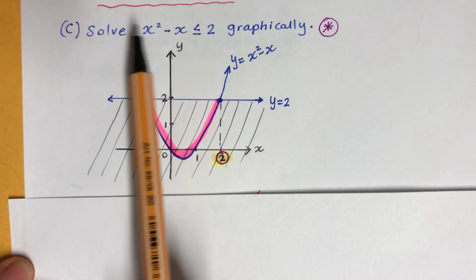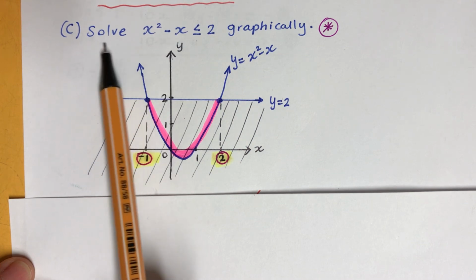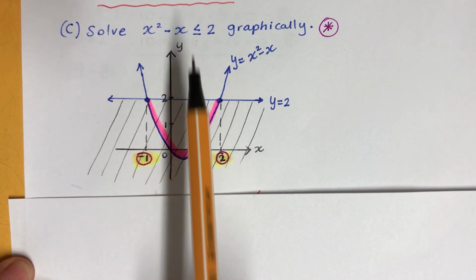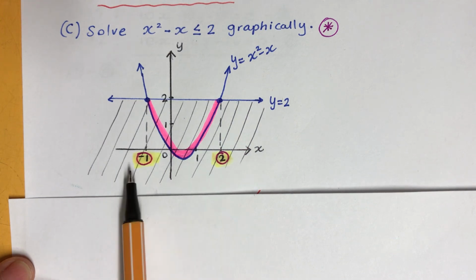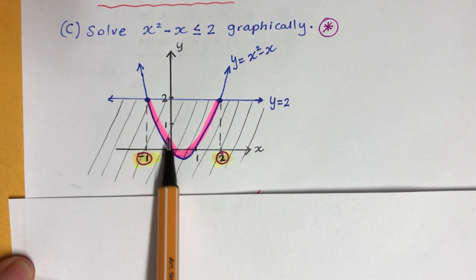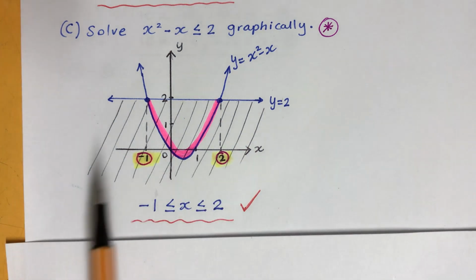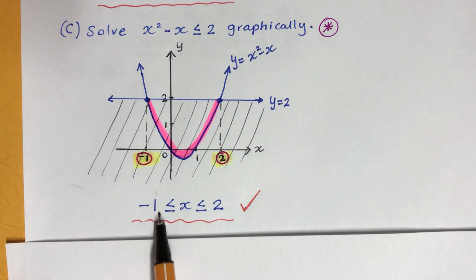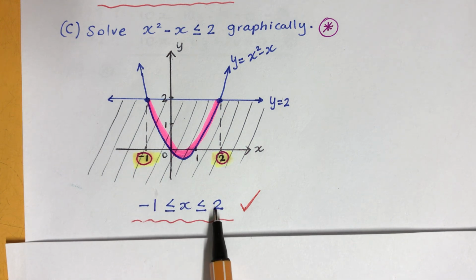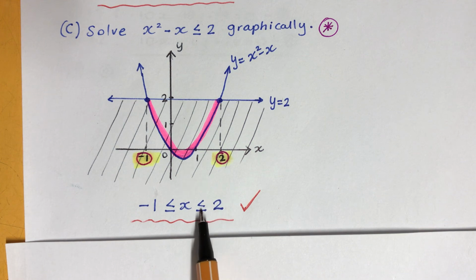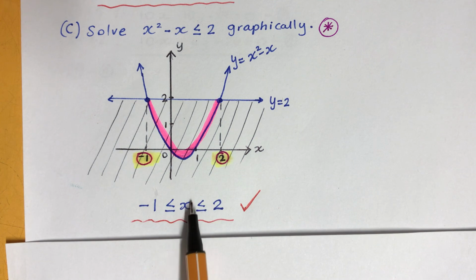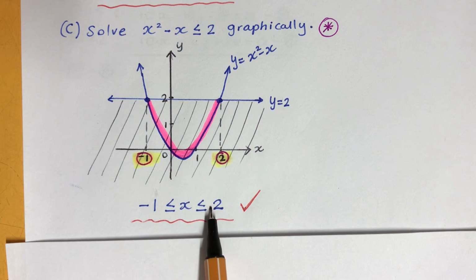So solve, again, the verb here, solve, is find the x values. So we just have to look at the x values here. And the parabola is in between minus 1 and 2. So my solution is x is between minus 1, equal to, and 2, equal to. So x is bigger than or equal to negative 1 and x is less than or equal to 2.